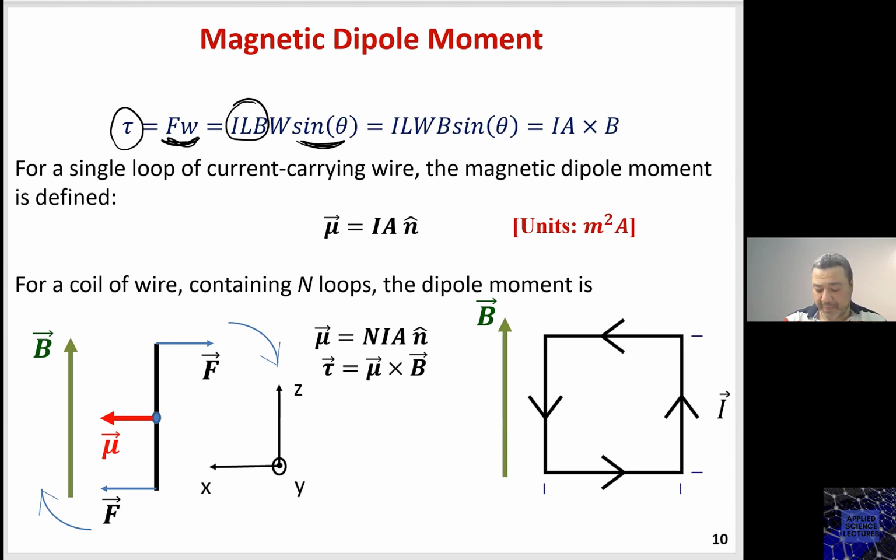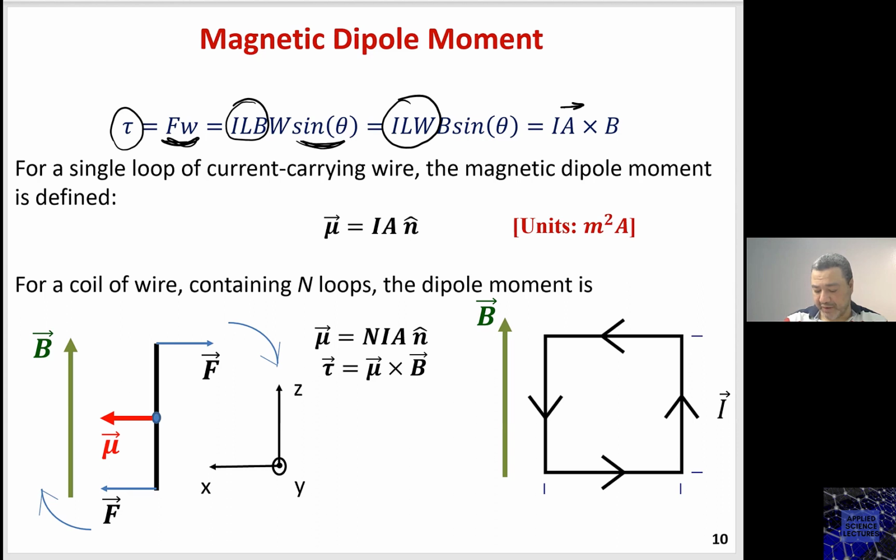So if I rearrange, I can see now that this ILW is indeed the current times the area, which basically here, this is the vector.